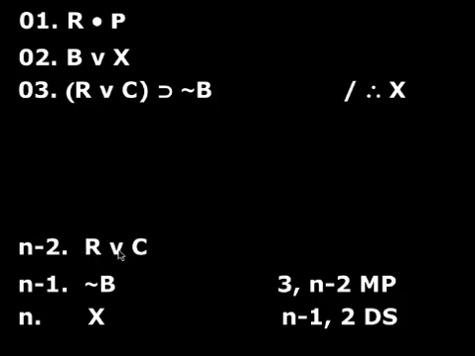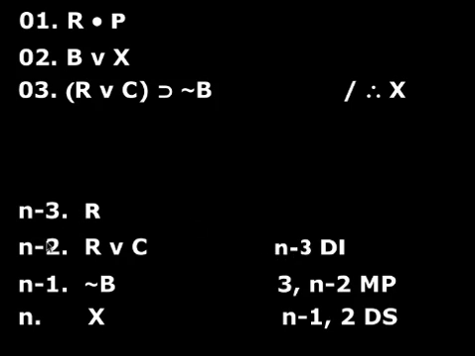Well, now how can I possibly get R or C? Well, I've got R and P here. If I could bust R off by itself, then I could get R or C by the rule of DI. So I'm assuming that my line N minus 3 is going to be R, and then I'll be able to get R or C by using the rule of DI on line N minus 3.